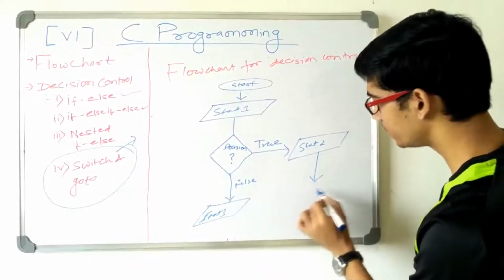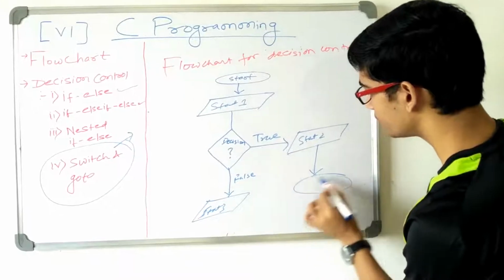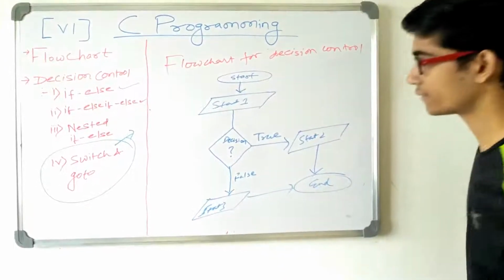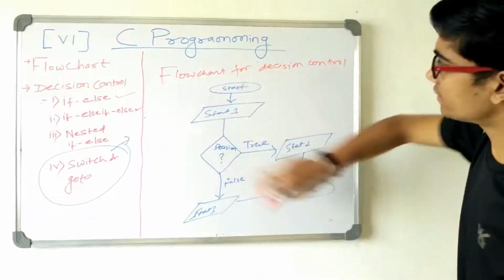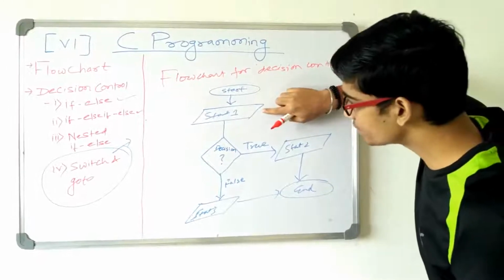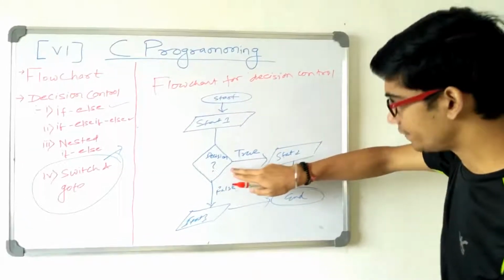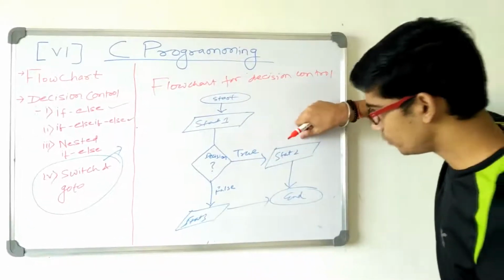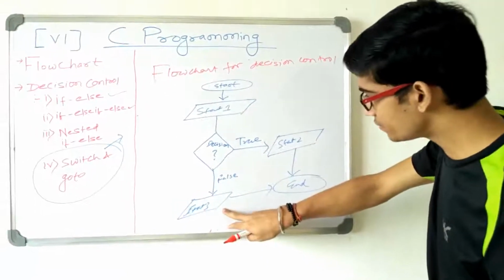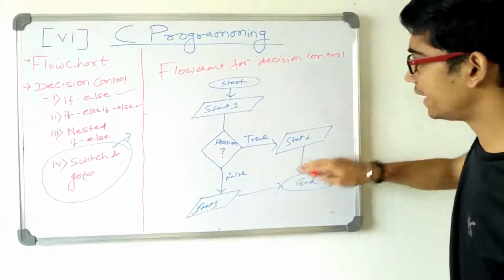Statement is executed, it will come to the end of the program. So see, this is a simple decision control flow chart. We have started the program, a statement will be executed, decision will be made. If decision is true, statement 2 will be executed. If decision is false, statement 3 will be executed, and finally we come to the end of the program.